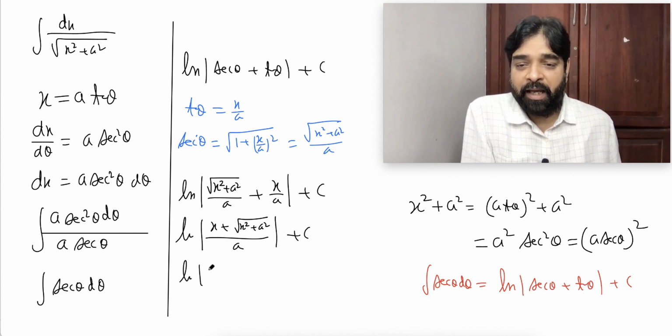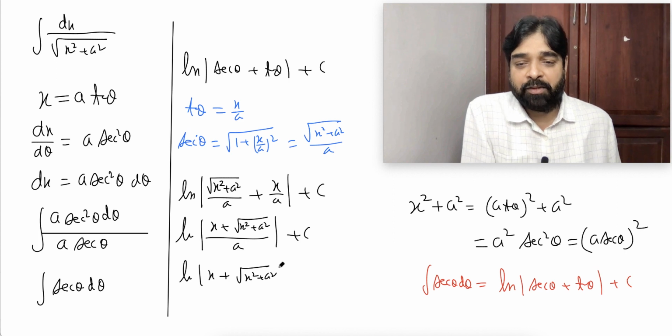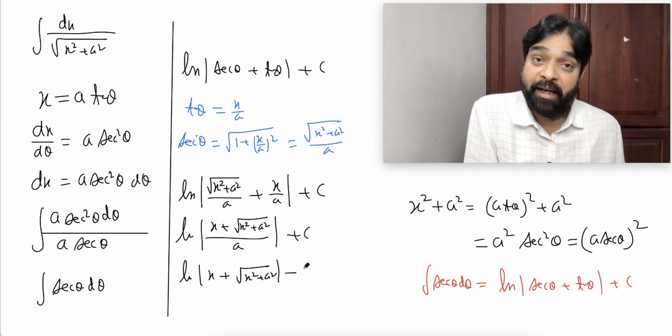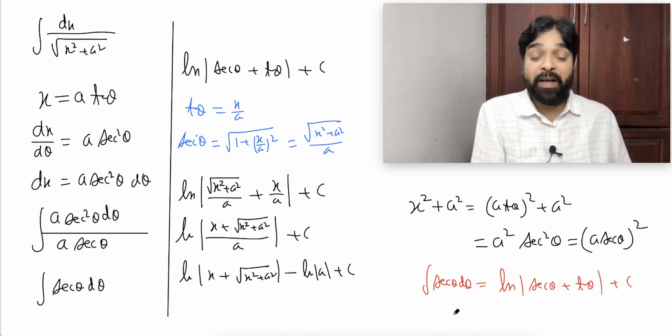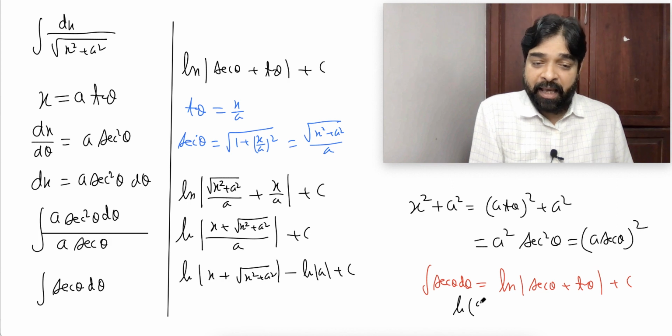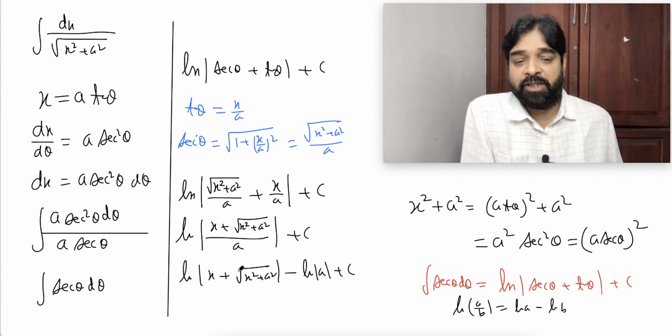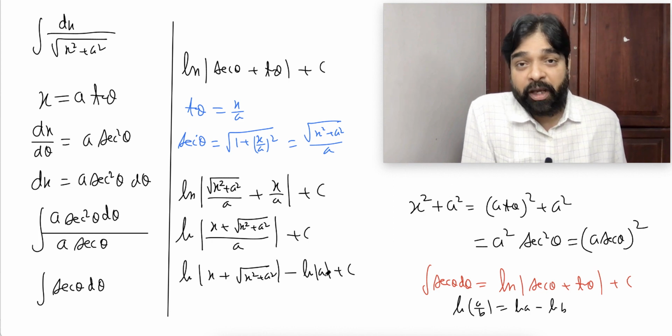which you can write as ln mod x plus root of x square plus a square minus ln mod a plus c. Why so? Because ln a by b is nothing but ln a minus ln b. That's the logic I apply. Now look carefully.